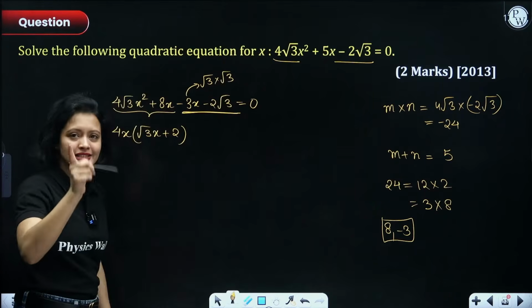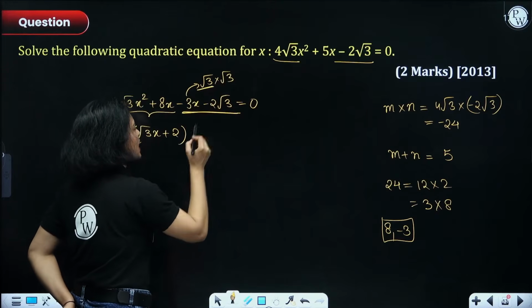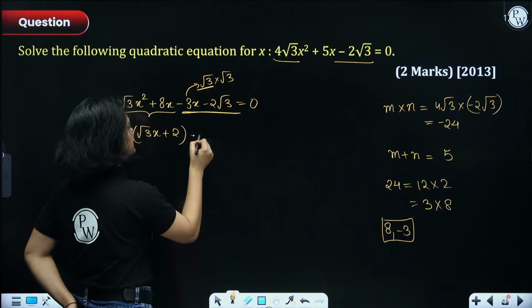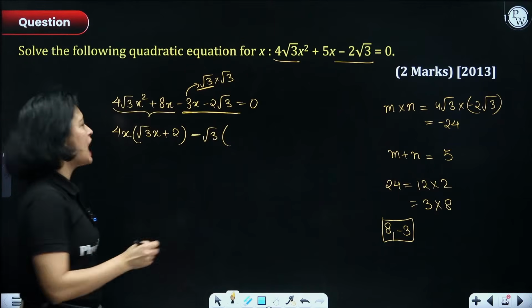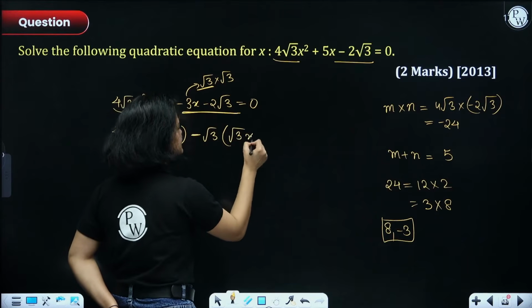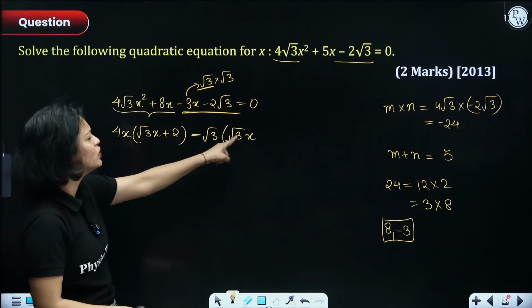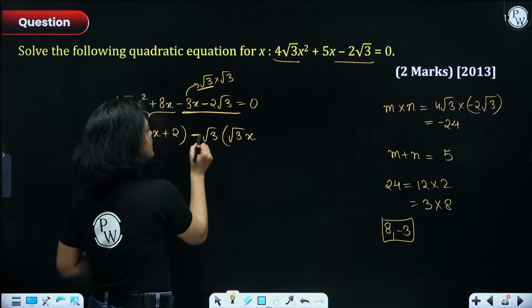And as soon as I think like that, I can see that, oh my god, I can take 1 root 3 out, or basically minus root 3 out. If I take minus root 3 out, then inside here what will remain? This root 3x. Yes or no? Root 3 into root 3, guys, 3. Okay? Here you had a negative sign, you already took it out.